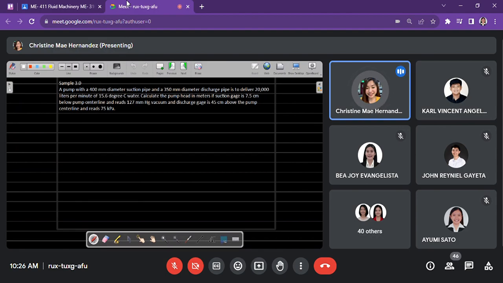Bago pa lang given, isa-isahin muna natin. Suction pipe, 400 mm. Convert natin into meters, so siya ay 0.4 meters. Discharge pipe is 350 mm.